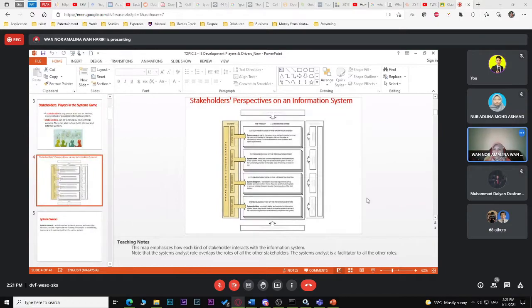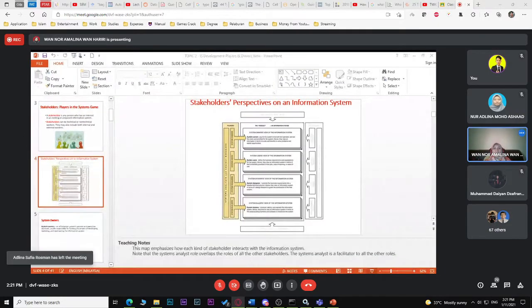Now, from the perspective of IS, if you see on the left hand side, they are the players. So who are the players? Basically, we have the systems analyst and project manager.